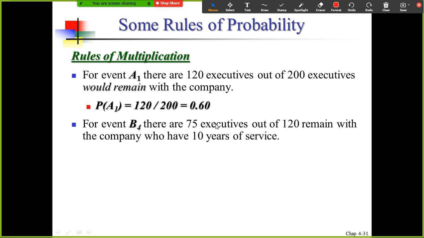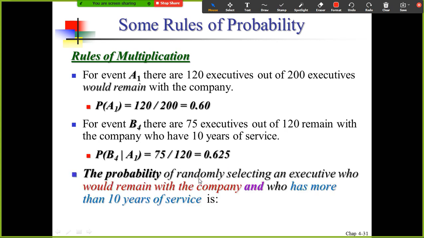That's why working more than 10 years depends on remaining. So 75 out of 120 remain with the company and have more than 10 years of service. This is what we call conditional probability, because B4 depends on A1. So 75 over 120 equals 0.625.